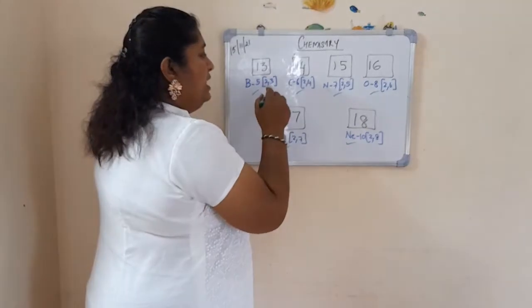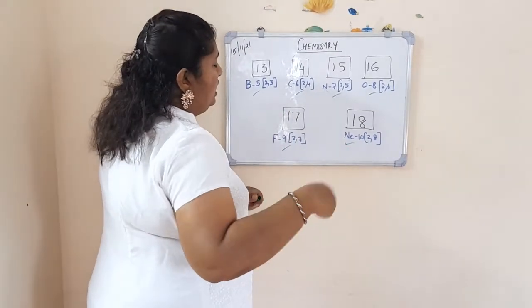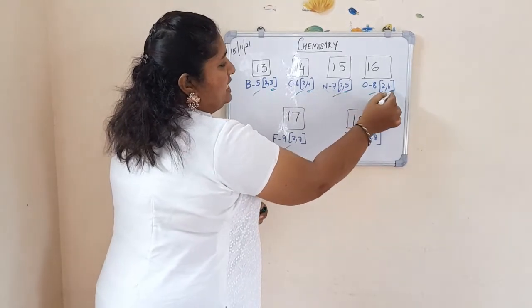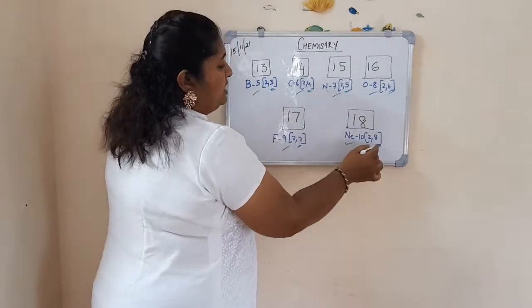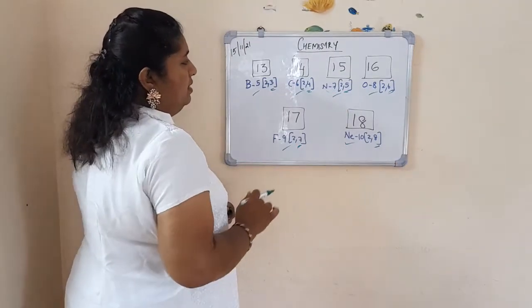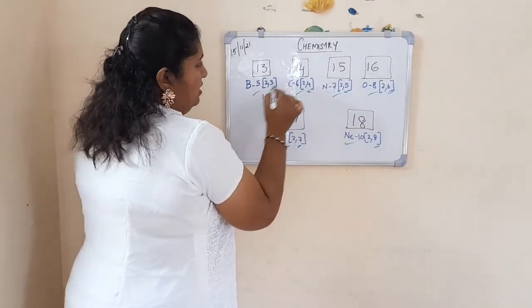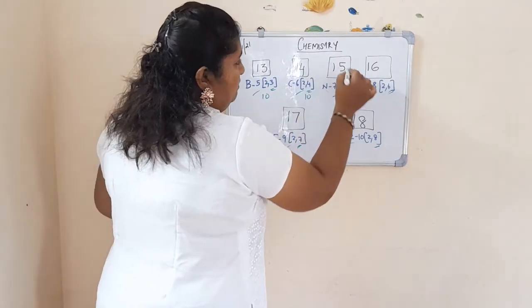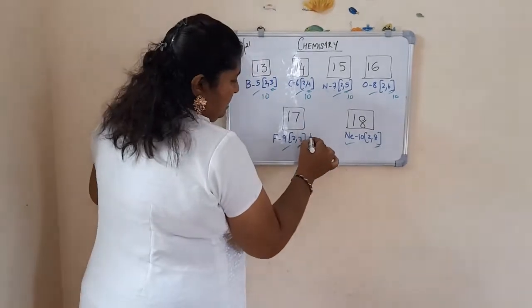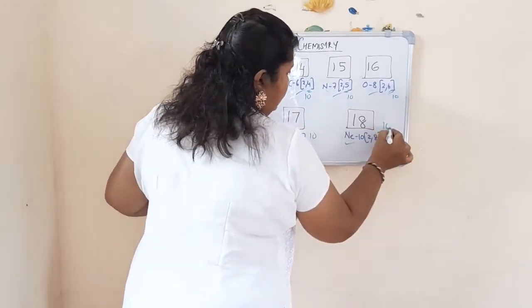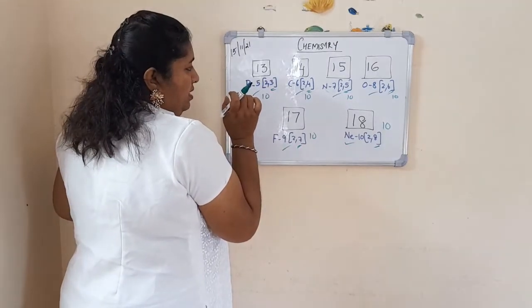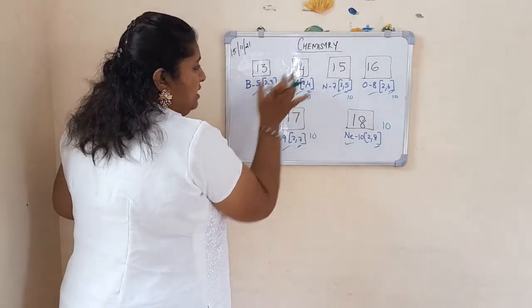No. You can only see that the outermost electrons are 3, here 4, 5, 6, 7 and 8. Now what is the difference? 13 minus 3 is 10, 14 minus 4 is 10, 15 minus 5 is 10, 16 minus 6 is 10, 17 minus 7 is 10 and 18 minus 8 is 10. So in all these elements there is a difference of 10.